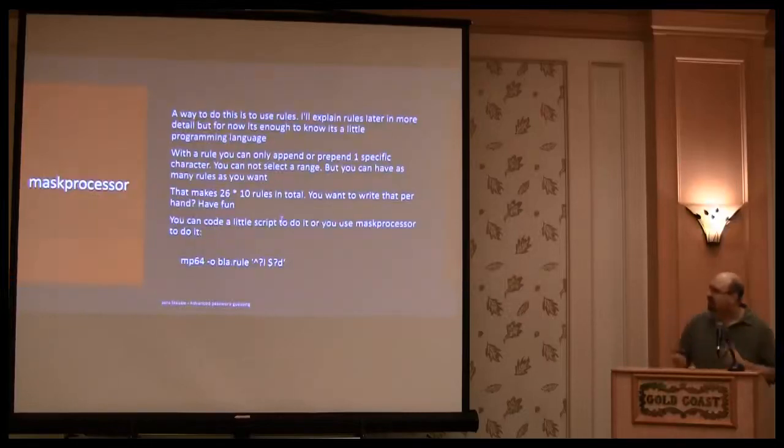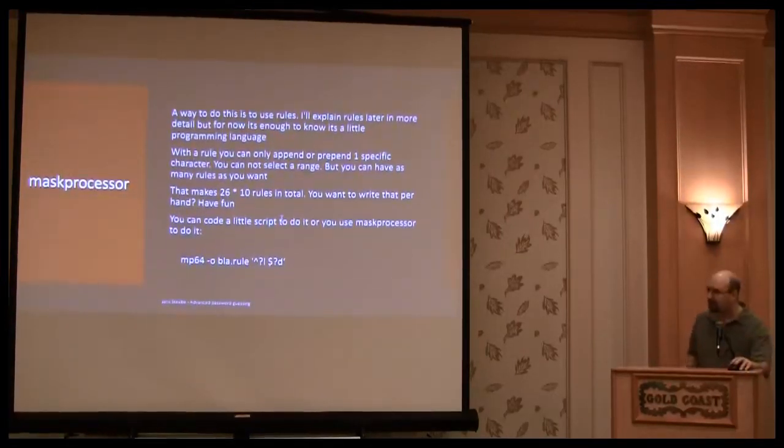So in this case, I want to prepend all letters, and I want to append all digits. That makes a total combination of 260 rules. And if I want to write that, I have to open the text editor and write 260 lines. Much work, and the possibility to do something wrong is also very high.